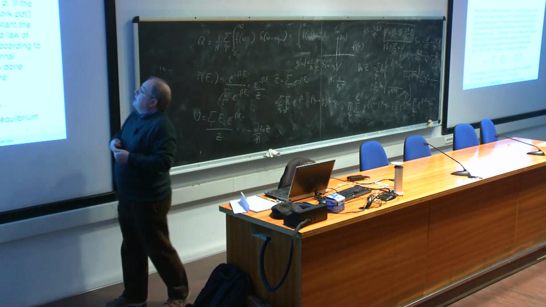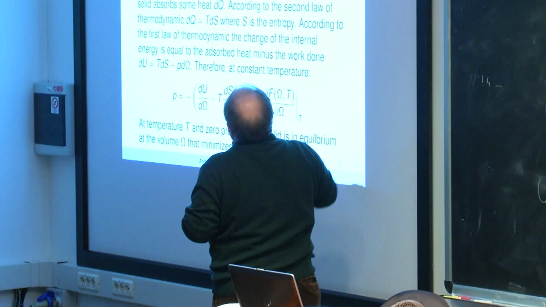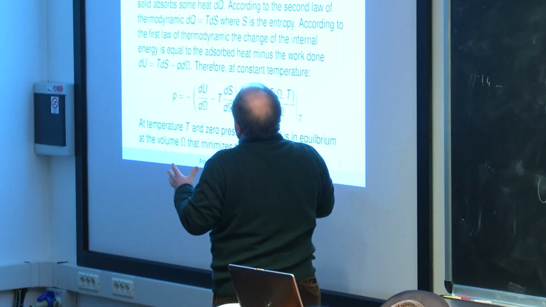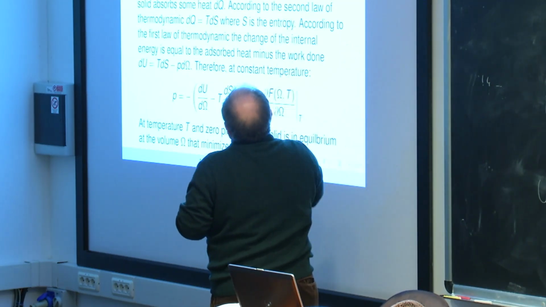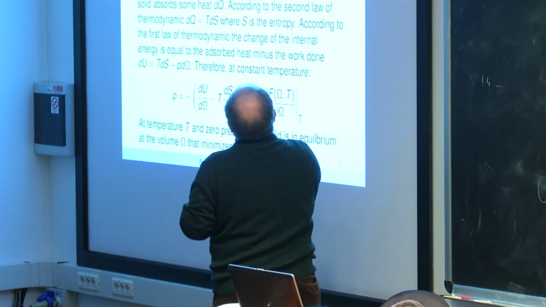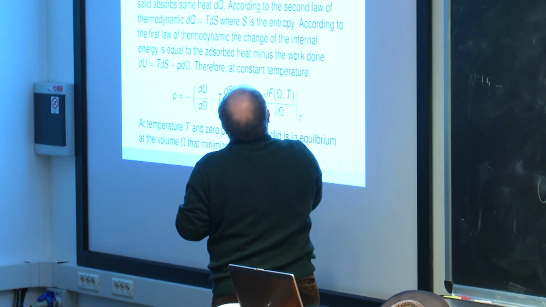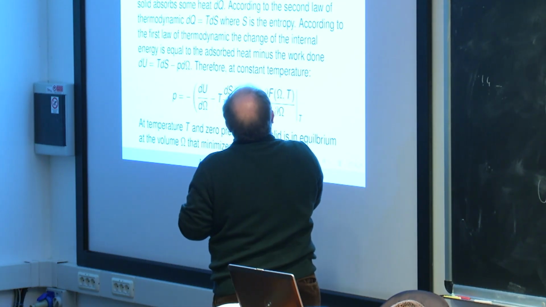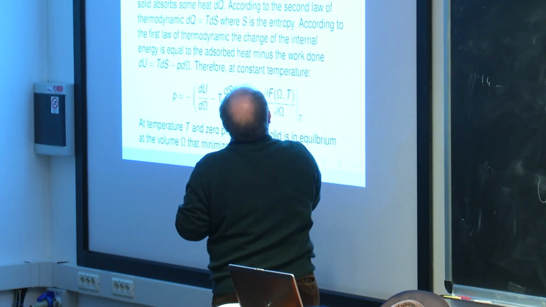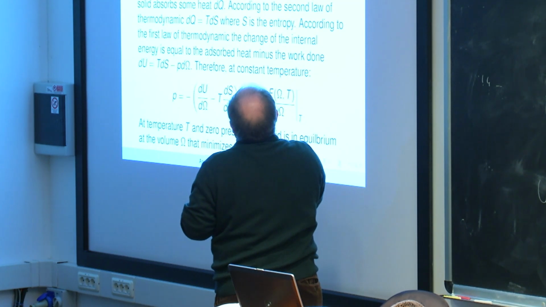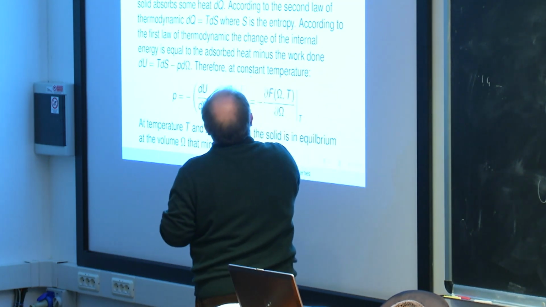And so the idea is this: if I have a solid that is at a given pressure P and a given temperature T, then if the pressure is constant, the work that is done by the solid is P multiplied by dΩ if we change the volume of the solid by dΩ.